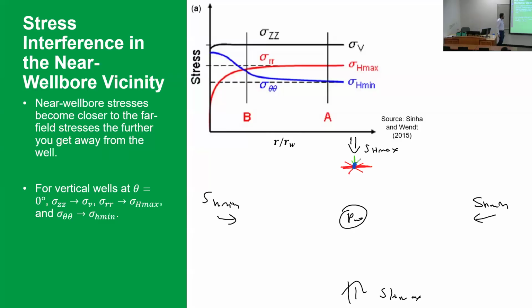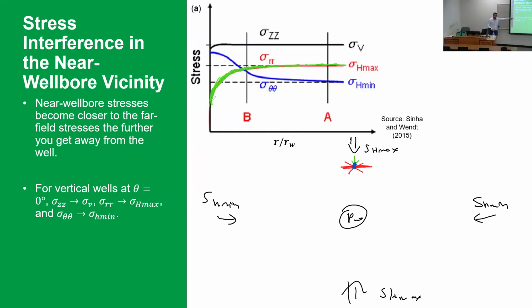Now, look, the green is in the direction of SH max, but here is somebody else's work, so they didn't use my own color scheme, which I was using when I was a PhD student. Basically, this is radial. Look at the hoop stress.